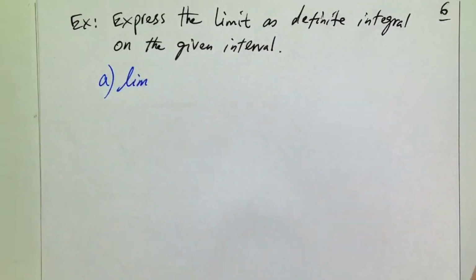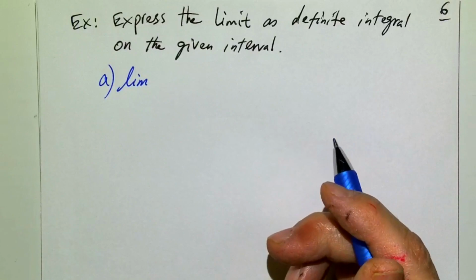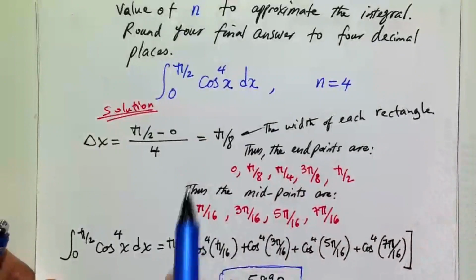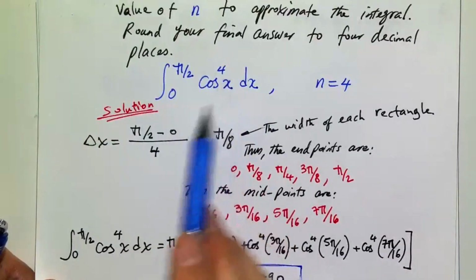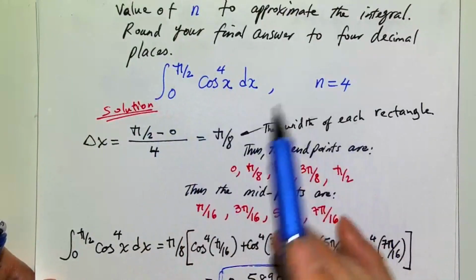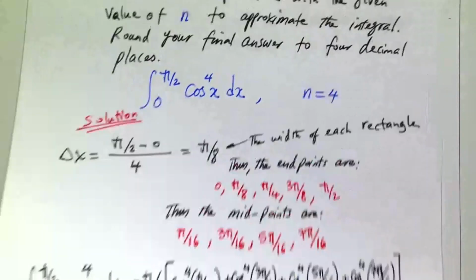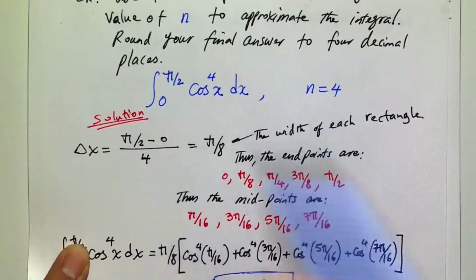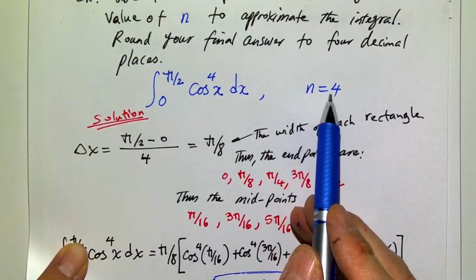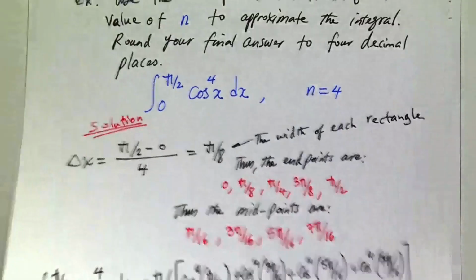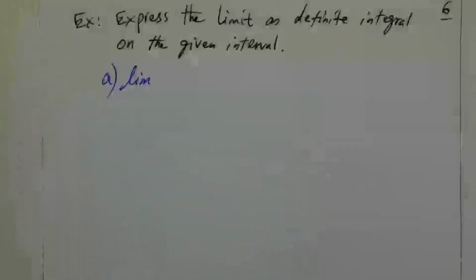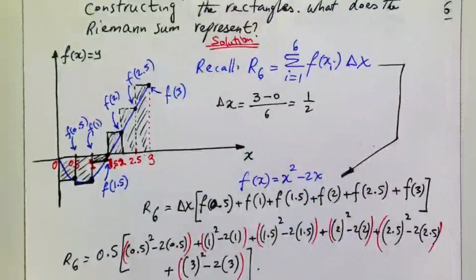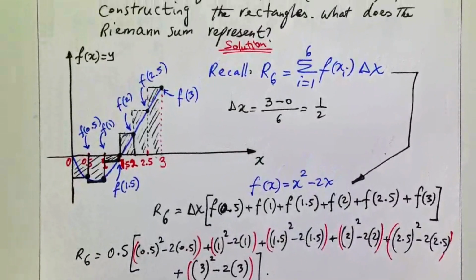So we're going the opposite way. In the example that we just did, we approximated this definite integral using the Riemann sum for n equals 4, not as n goes to infinity, but n equals 4, using the summation. In every example that we did so far, n was 6. Remember that?